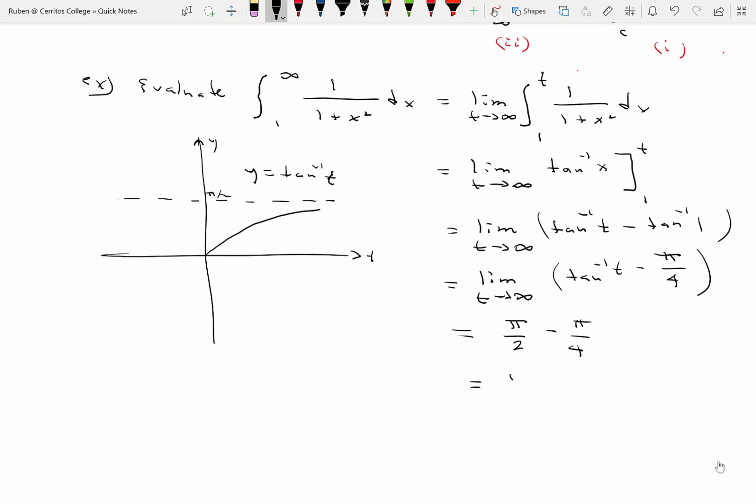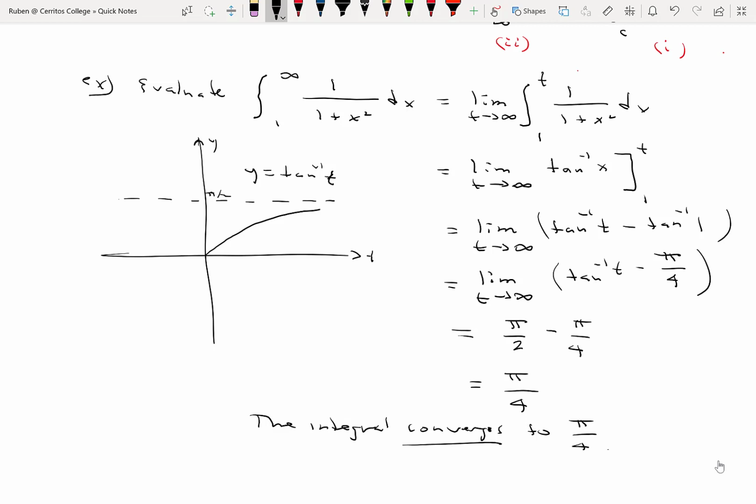So the value of this improper integral is pi over 4. We don't say square units because we're not interpreting this original integral as area. We could, but it wasn't an area problem. This integral converges to pi over 4.